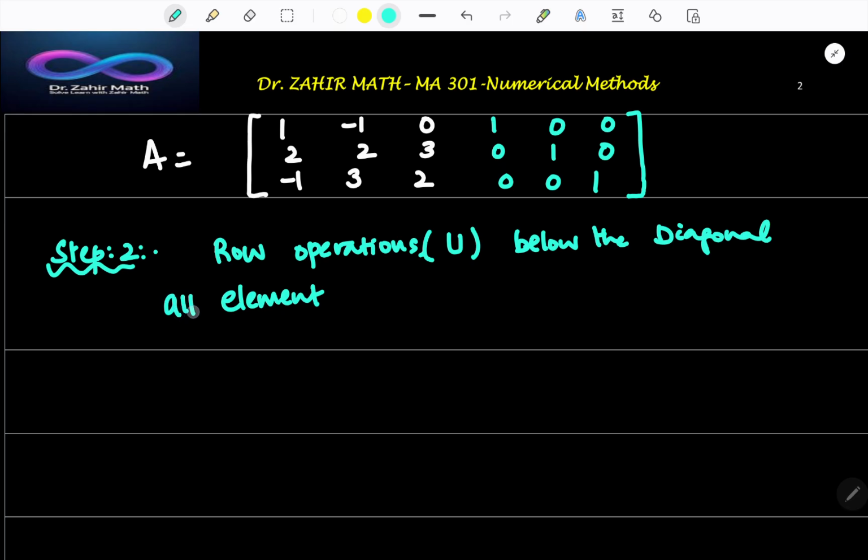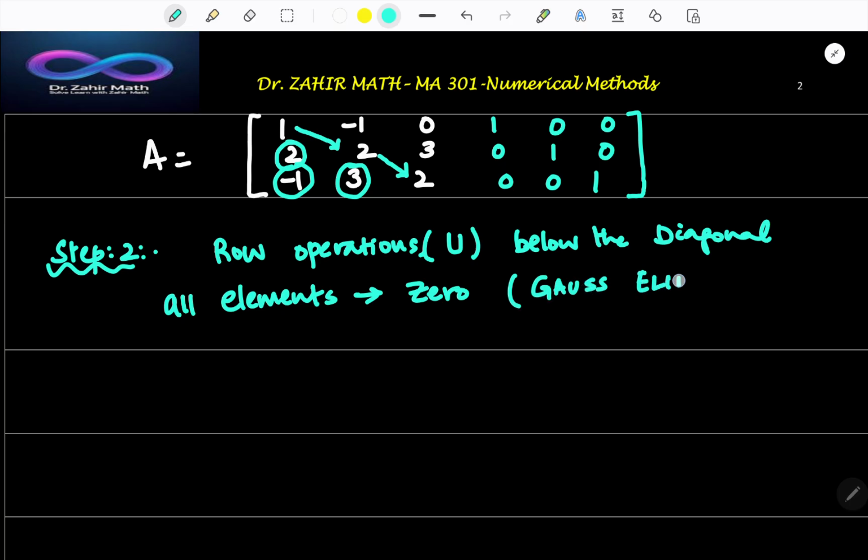The first element in the first row, the second element in the second row, the third element in the third row. Below the diagonal, I'm going to make the elements 0 with the help of the idea we already studied, the Gauss elimination method. I did not make a video yet, but very soon I will make it.